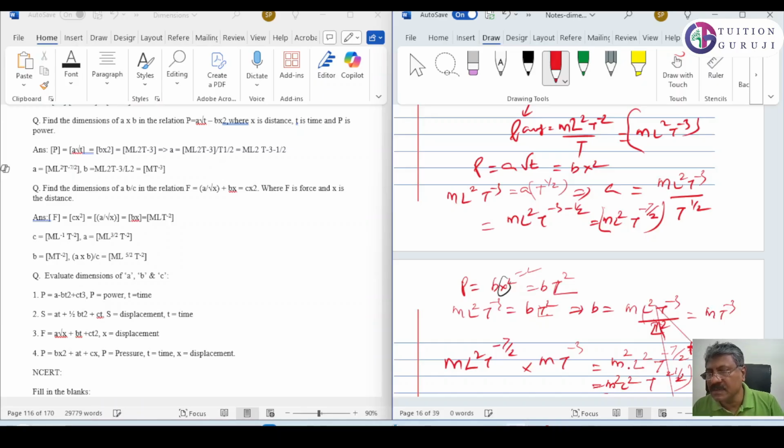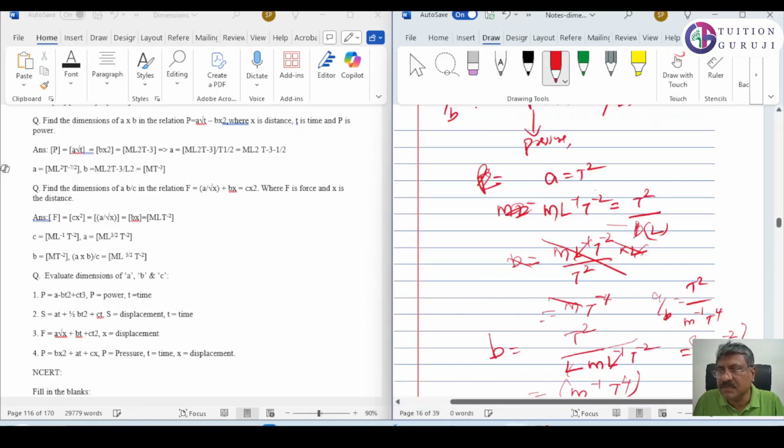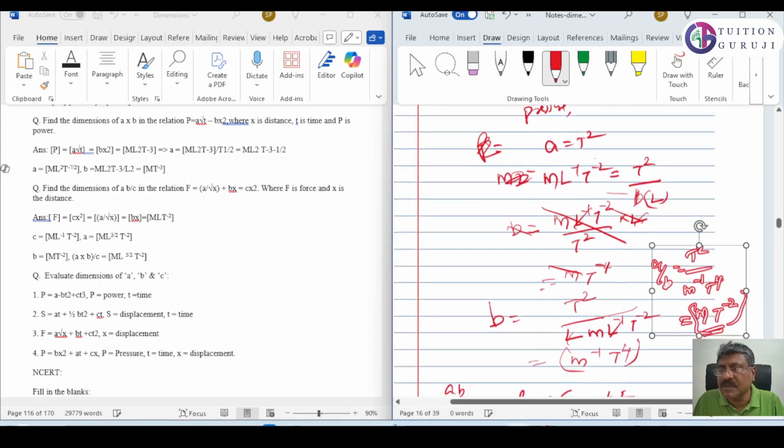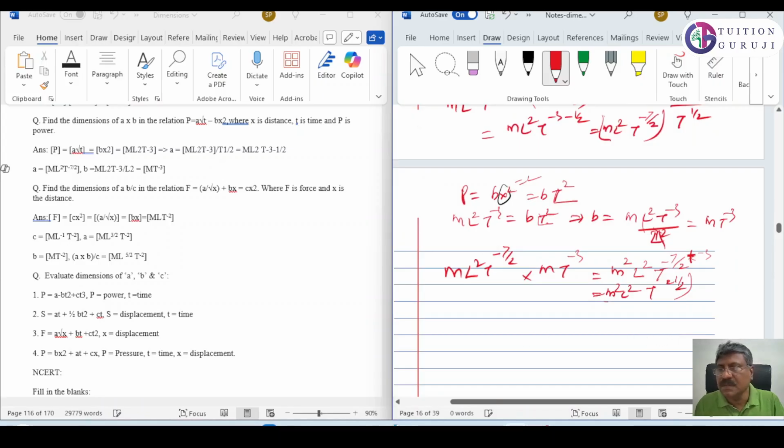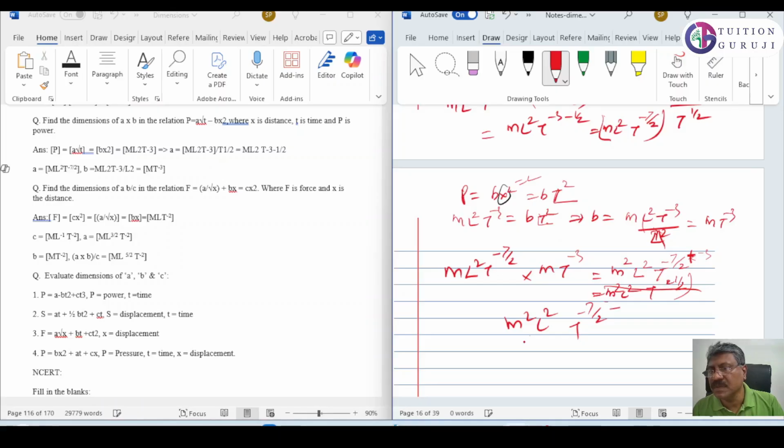So it will be m square L square T to the power minus 7 by 2 minus 6 by 2.